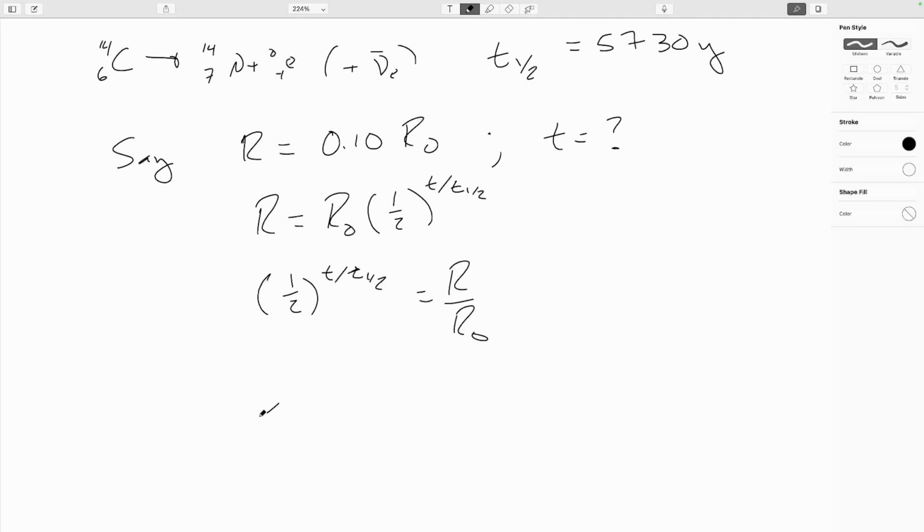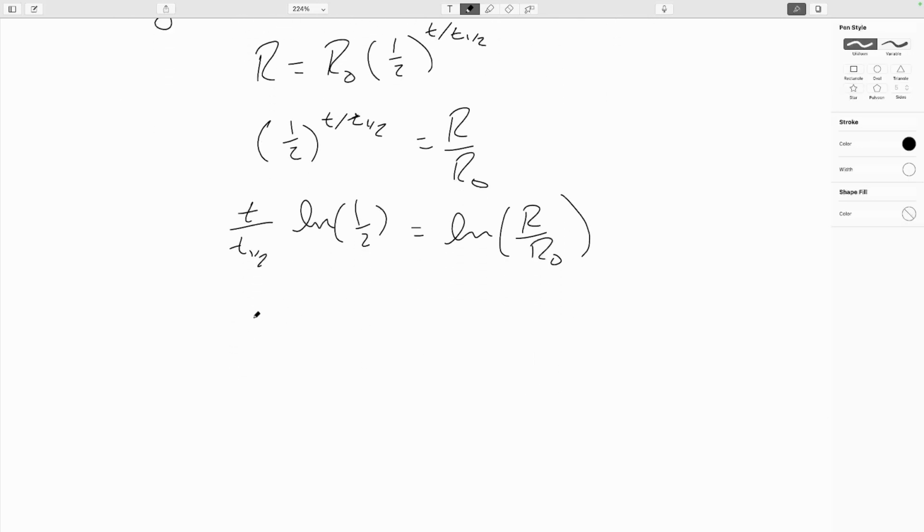And I can take the natural log of both sides. Doing that gives me t over t1/2 times the natural log of 1/2 is equal to the natural log of my current rate over what the initial rate should have been.